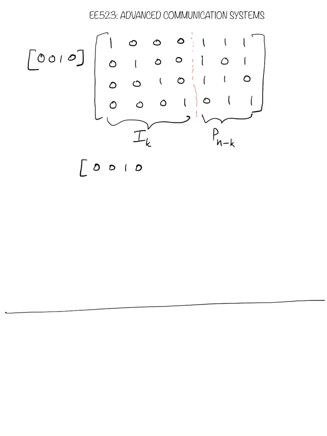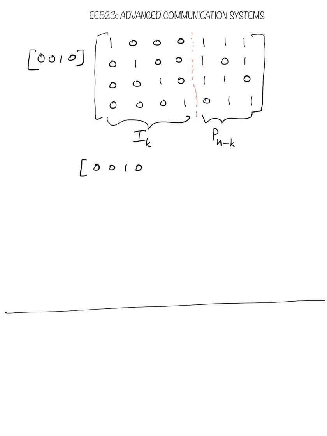Now the last 3 is what we need to compute, so we need to multiply this vector with the 5th column vector here. So 0 into 1 plus 0 into 1 plus 1 into 1 plus 0 into 0.